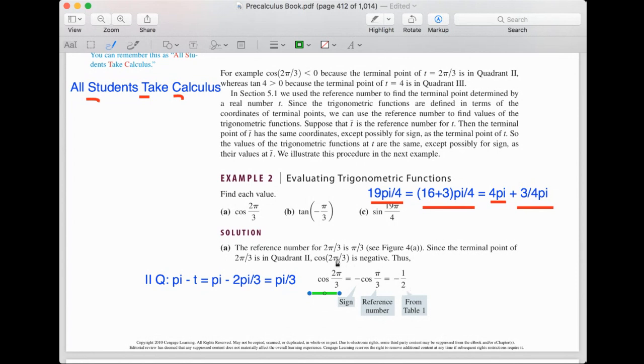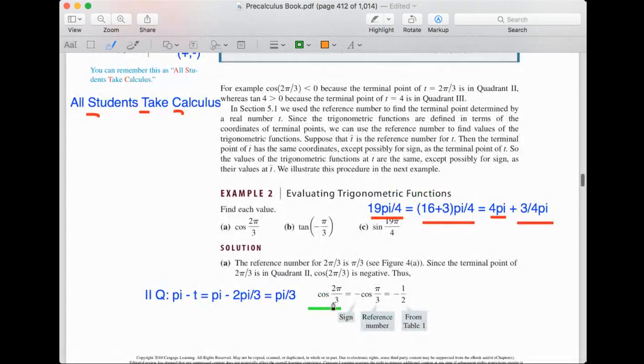First we need to figure out which quadrant the angle is in. We need to draw the picture to show 2 pi over 3, then draw the triangle. If the angle is in the second quadrant, its cosine value will be the negative of the cosine of its reference angle.